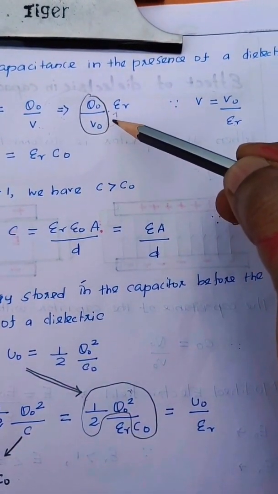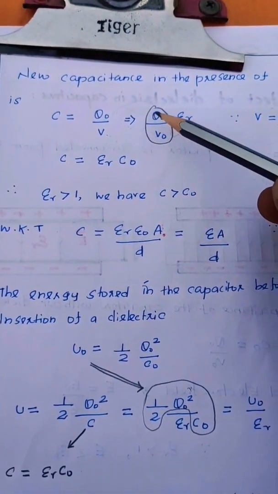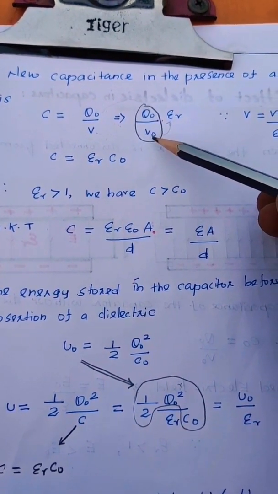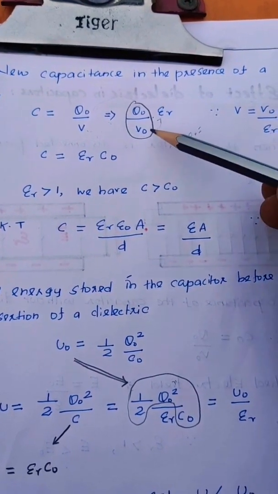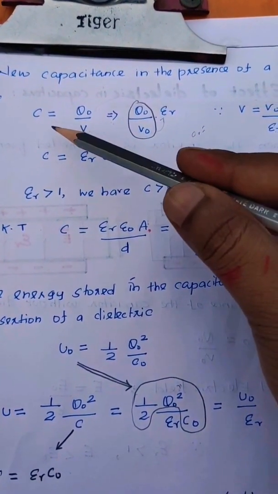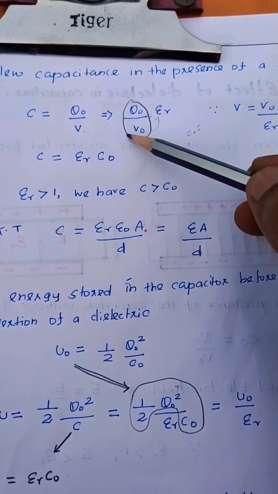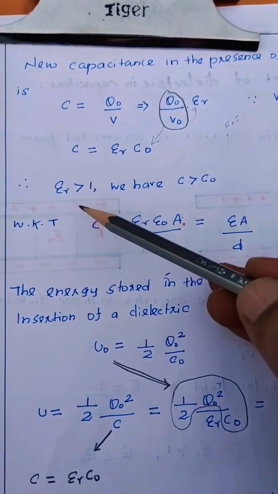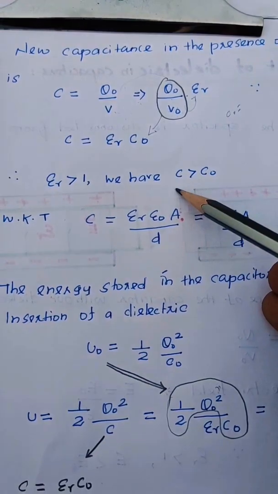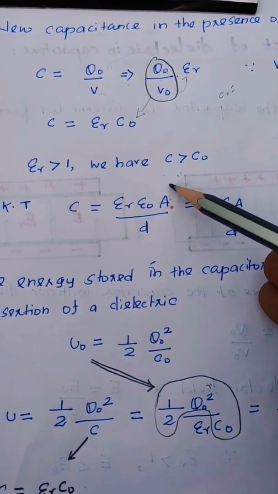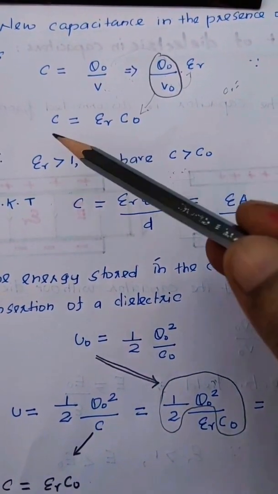Then epsilon r goes to the numerator, giving epsilon r into Q naught by V naught. We know that C naught equal to Q naught by V naught. So we can write C equal to epsilon r into C naught. Since epsilon r is greater than 1, we have C greater than C naught. Thus insertion of the dielectric with constant epsilon r increases the capacitance.